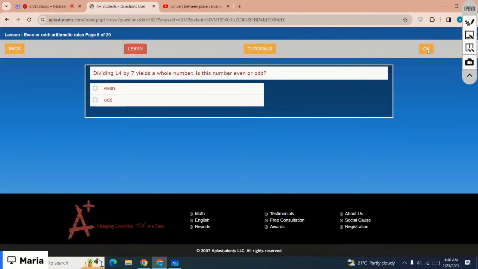Does dividing 14 by 17 yield a whole number? Is the number even or odd? The correct option is odd it is, right? Okay, you can complete the lesson by yourself later today.